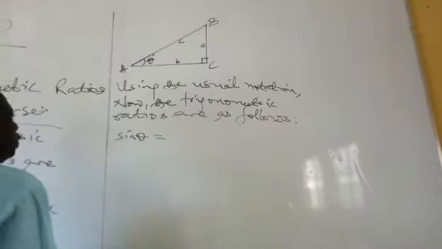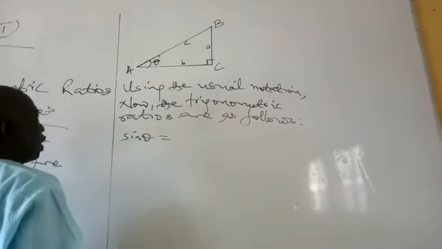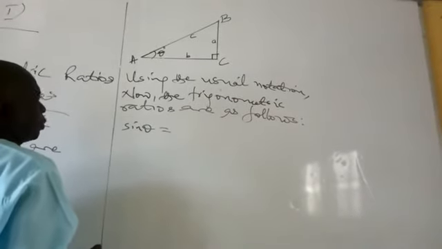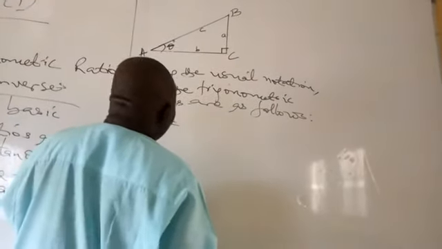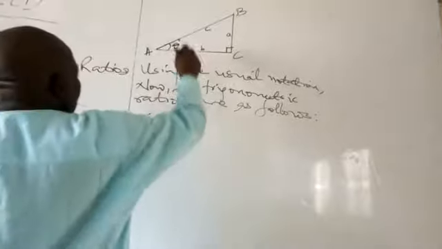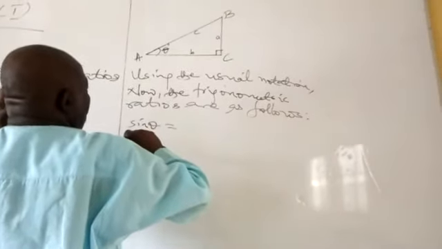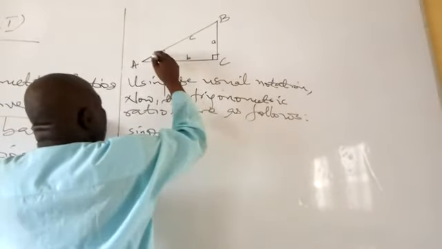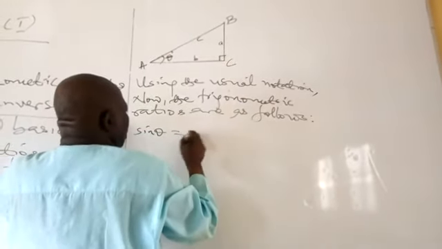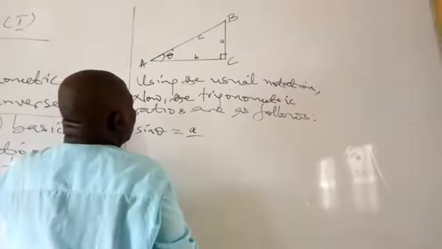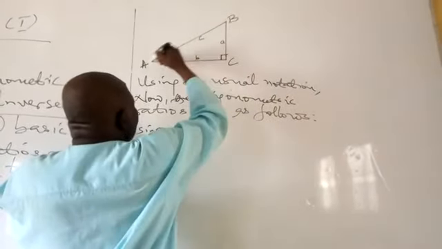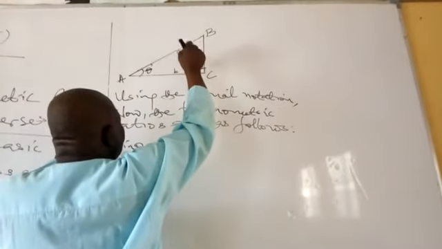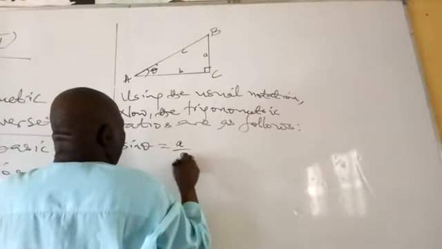What is the trigonometric ratio for sine theta in that triangle? Sine theta is equals to opposite over hypotenuse. The side that is opposite this angle theta is small letter a, over the hypotenuse. The hypotenuse is the longest side of that triangle, which is the side facing angle 90 degree, and that is small letter c.